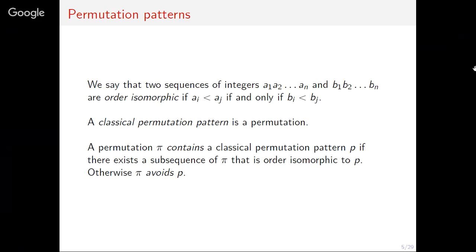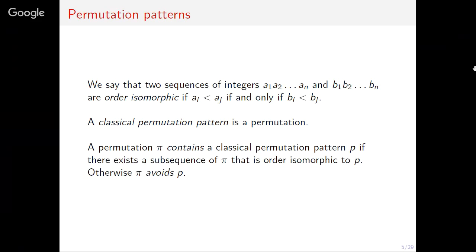We say that two sequences of integers are order isomorphic if they have the same relative ordering. So if you have two elements in one of the sequences and one element is greater than the other, then in the other sequence, the corresponding elements have to have the same relative ordering. Okay.